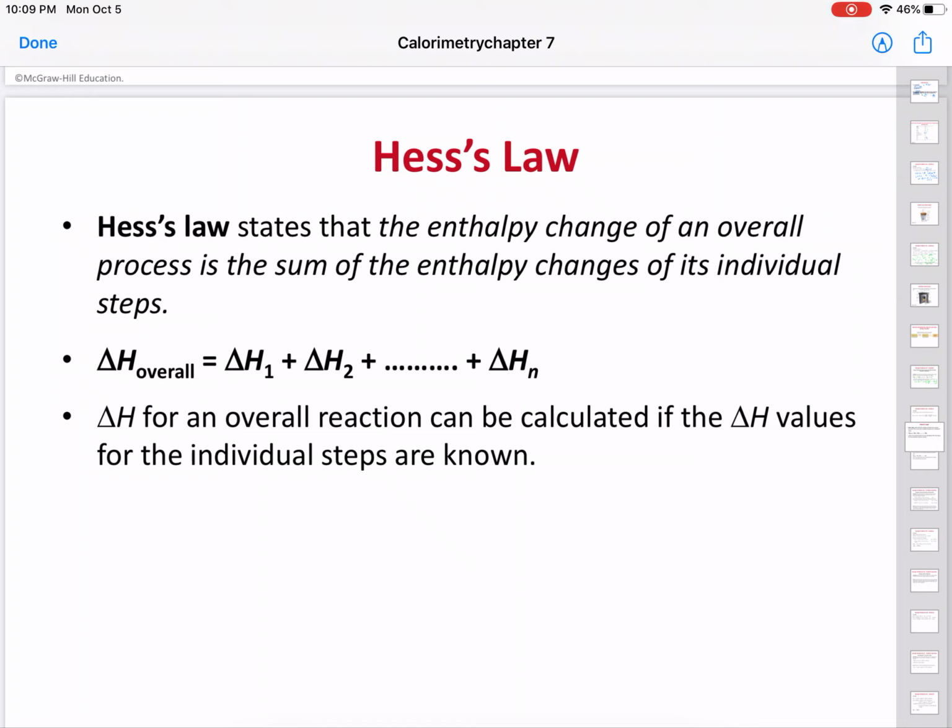And then if you add up the several steps' delta H values, overall delta H we can find from those individual values. That is Hess's law. Enthalpy change of an overall process is the sum of the enthalpy change of its individual steps. Delta H for an overall reaction can be calculated if the delta H values for the individual steps are known.